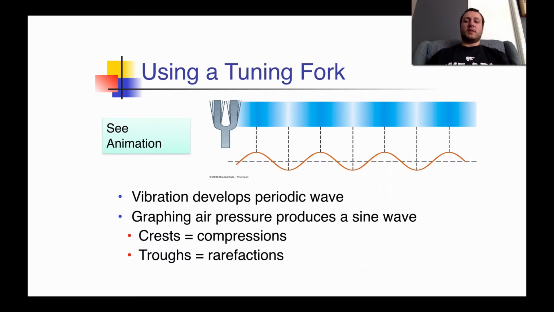White is going to be the lowest density, that dark blue is going to be the highest. So how we translate longitudinal waves to transverse waves is the high density becomes the crest, the low density rarefaction becomes the trough, and everything else just kind of falls in between. So every crest is associated with a compression, every trough is associated with a rarefaction.